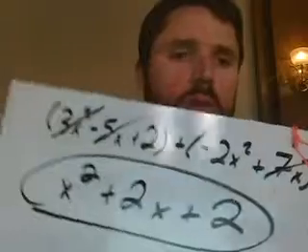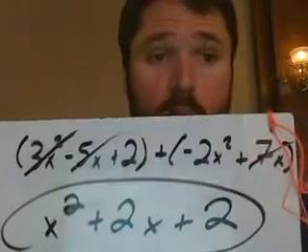Let's do that. So 3x squared plus negative 2x squared is just 1x squared, or just x squared. Negative 5x plus 7x would be positive 2x. And the plus 2, he has no partner, so we're just going to include him. So this should be your answer. x squared plus 2x plus 2.